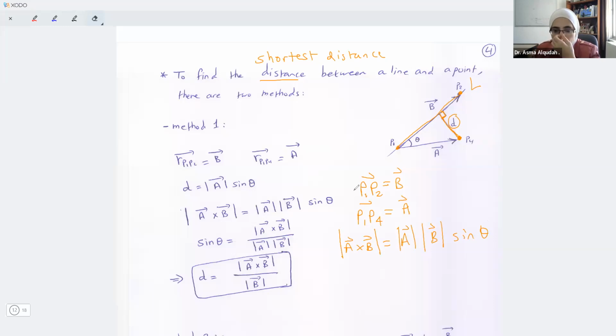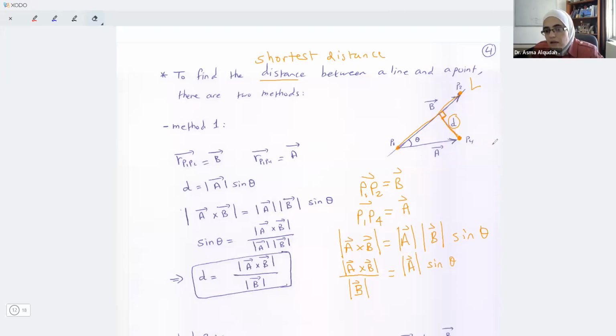Now if we divide the magnitude of the cross product by B, we will be left with A sine theta.